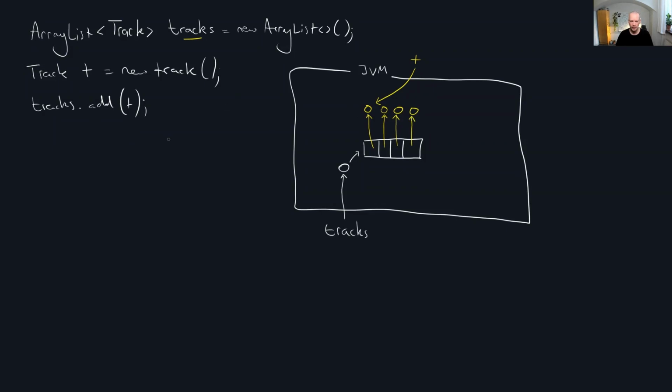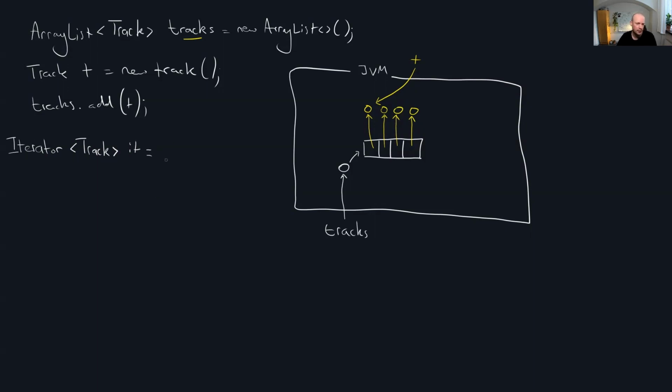Now, if we want to iterate across this safely using an iterator, we have to get this iterator object. To get an iterator object, we need to tell the iterator what type of element it's going to be dealing with. By convention, we usually just call iterators it, iterator for short.